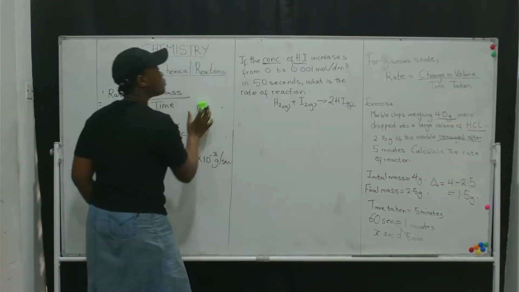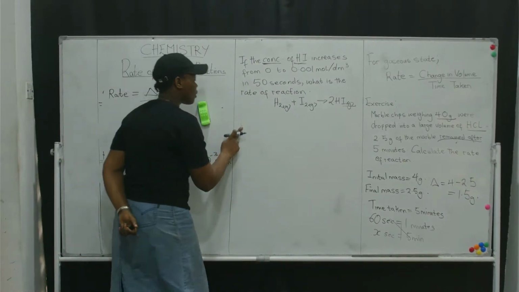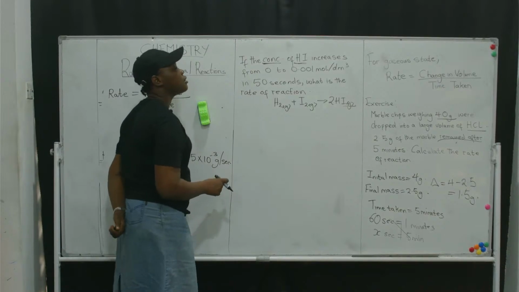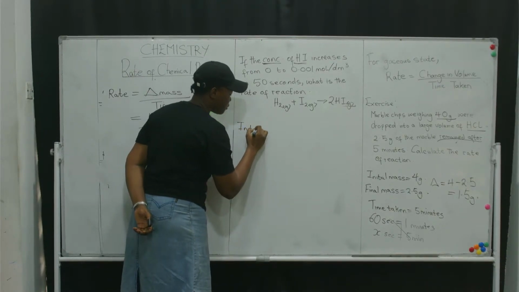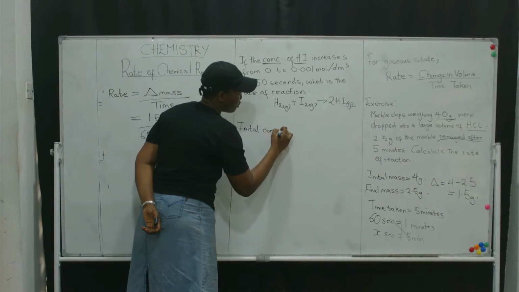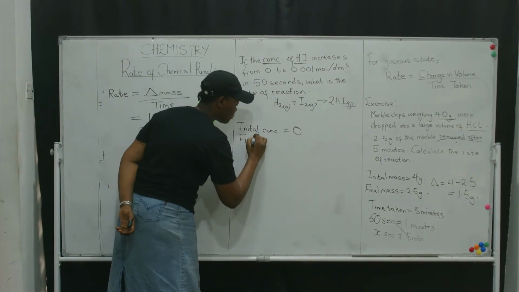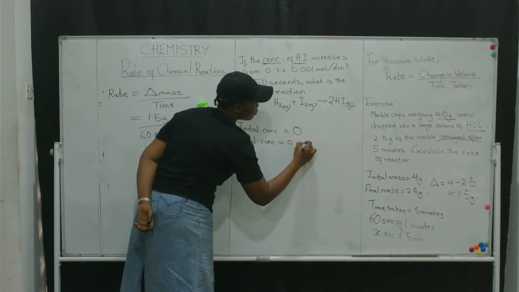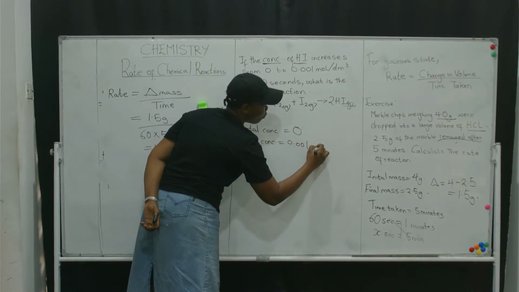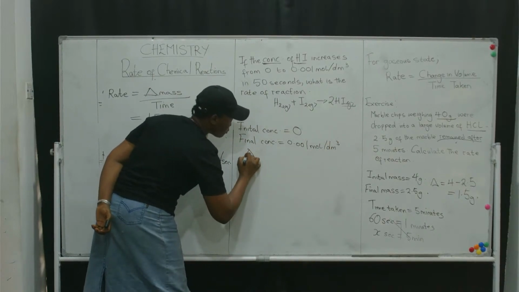Because we're given our values in concentration, the first thing is the initial concentration here is 0. The final concentration is 0.001 mole per dm cube. So our difference would be what?